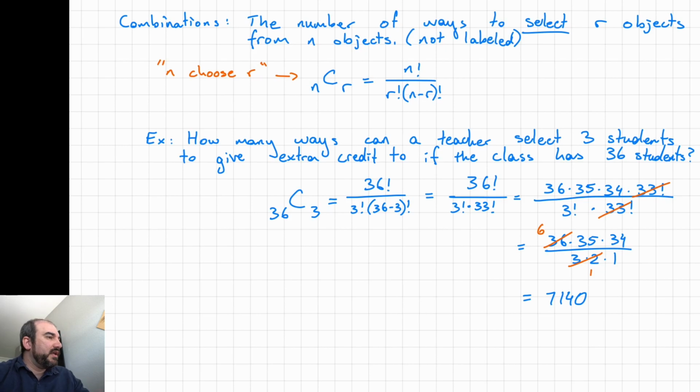On the TI-84, let me see what the TI-84 looks like. I'm guessing it's in the math button. When you press math, try to look in the math menu and see if there's an NCR in there, and then let me know if you find it or don't find it.